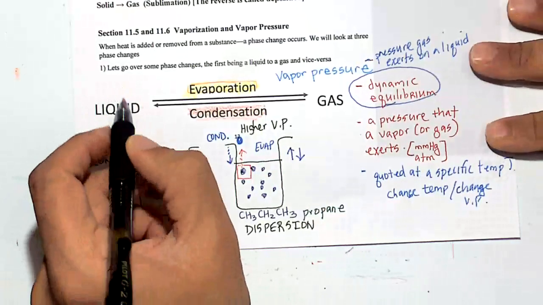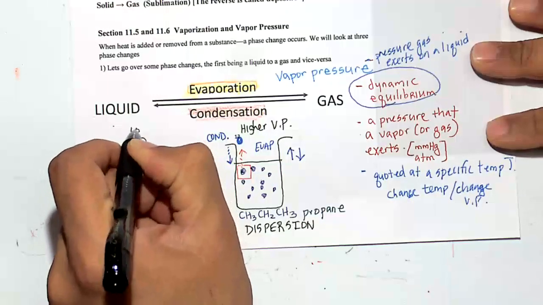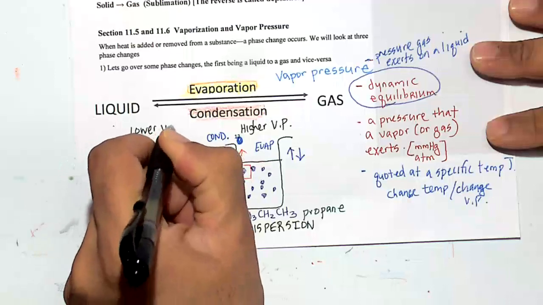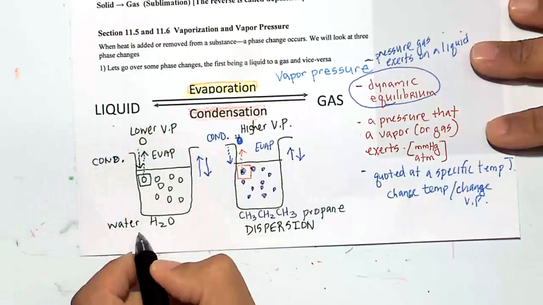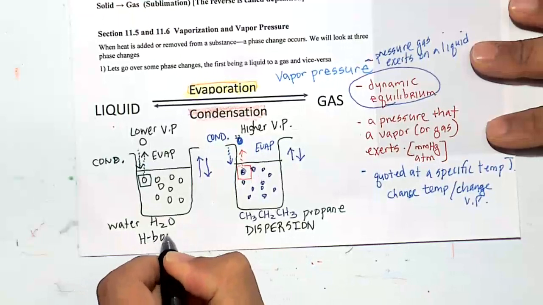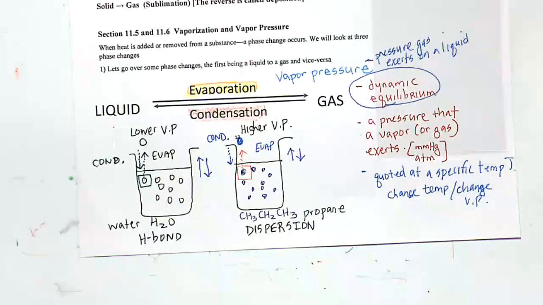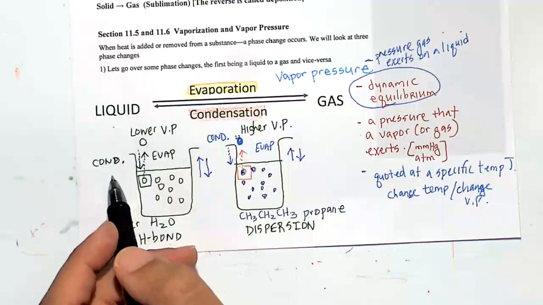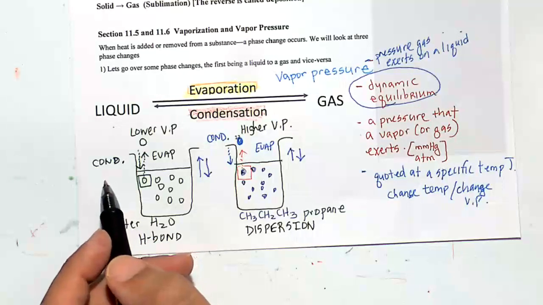Okay, what about water? What is water held together by? What is the main intermolecular force for water? This is the one where you want to say hydrogen bonds. Is that a strong or a weak force? In this context, it's a strong force. Because it's a strong force, would it be harder or easier to evaporate? Harder to evaporate.